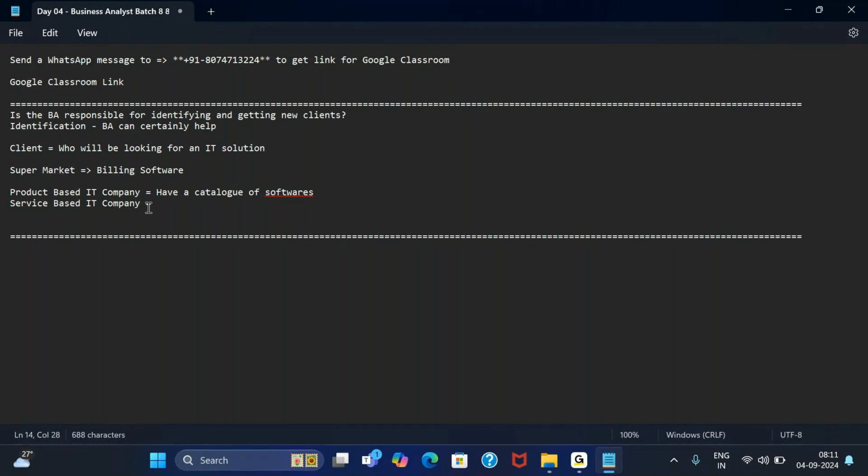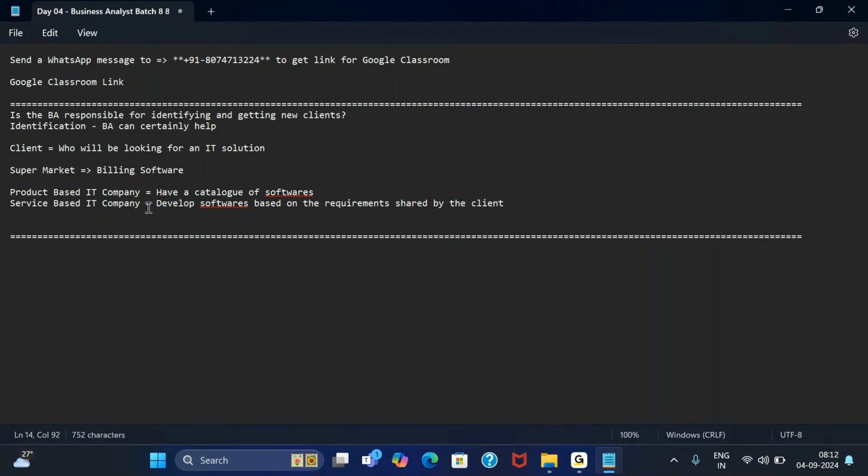Normally the businesses are slightly complex in nature, and because of that complexity, they go with the service based IT companies, wherein they give requirements to the service based IT company, and then they will create a software accordingly. Okay. So service based IT company develop softwares based on the requirements shared by the client.